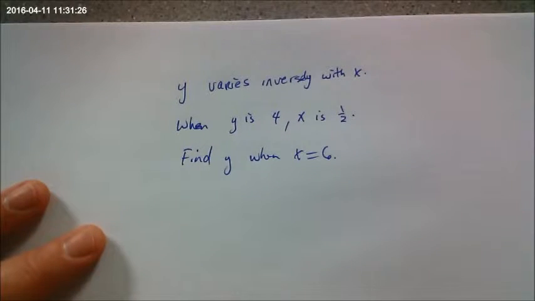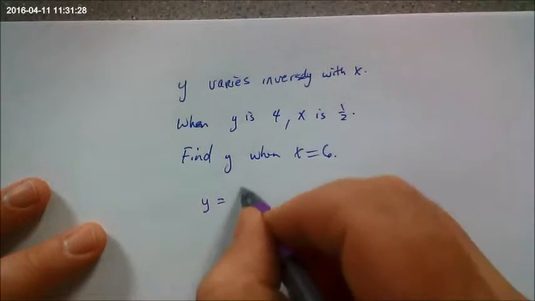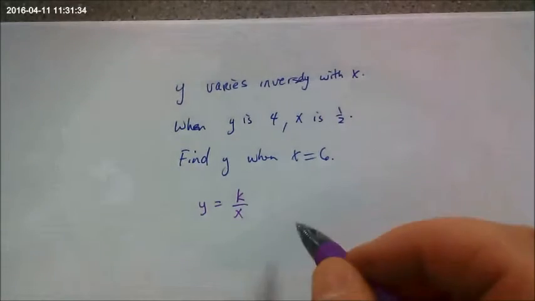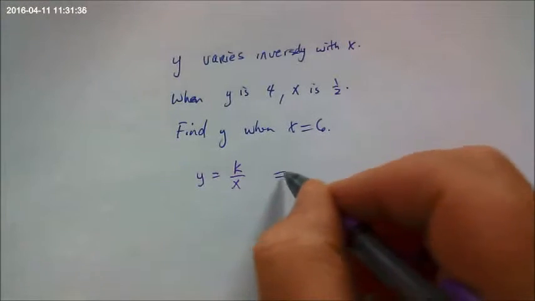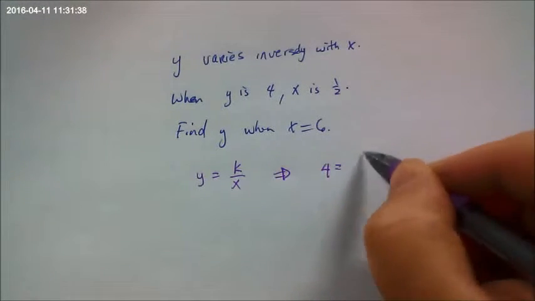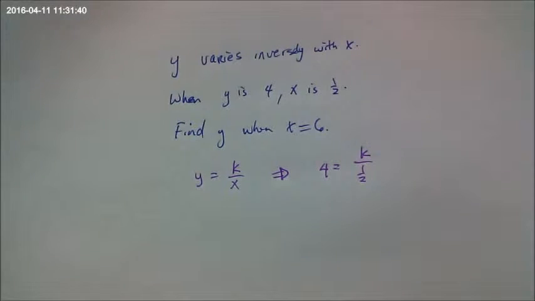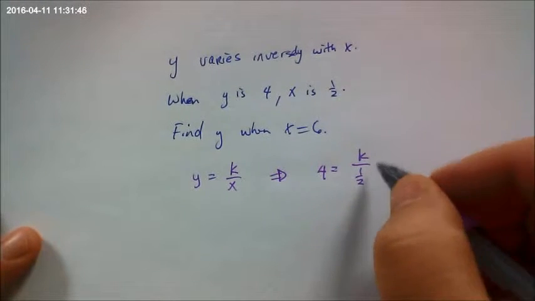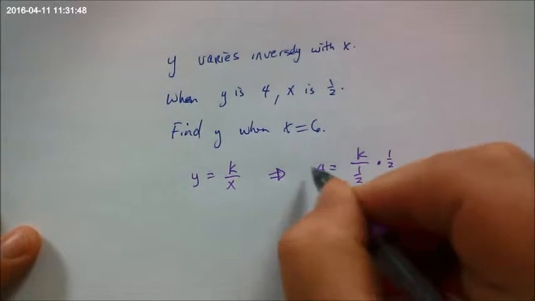The first thing we do is start with this formula, because it says that it's inverse. Now let's plug in our numbers. So 4 equals k divided by 1/2. I have to multiply both sides by 1/2. Right now I'm dividing by 1/2, and the inverse of that is to multiply by 1/2.